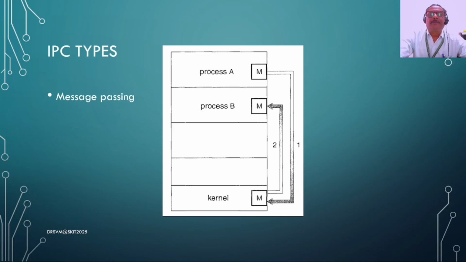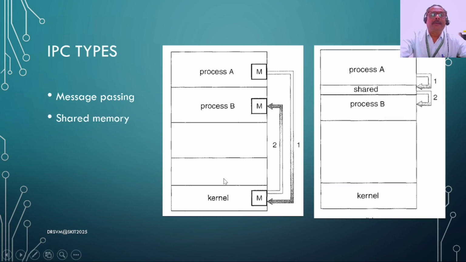But involving the kernel every time is not that efficient in some cases. Therefore, we make sure that the kernel is not always involved for every pair of processes that want to communicate. Then what we can do is create a shared memory.